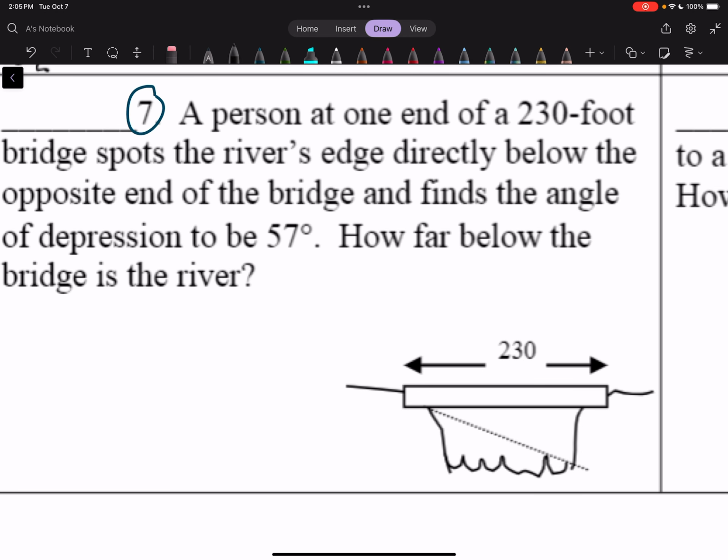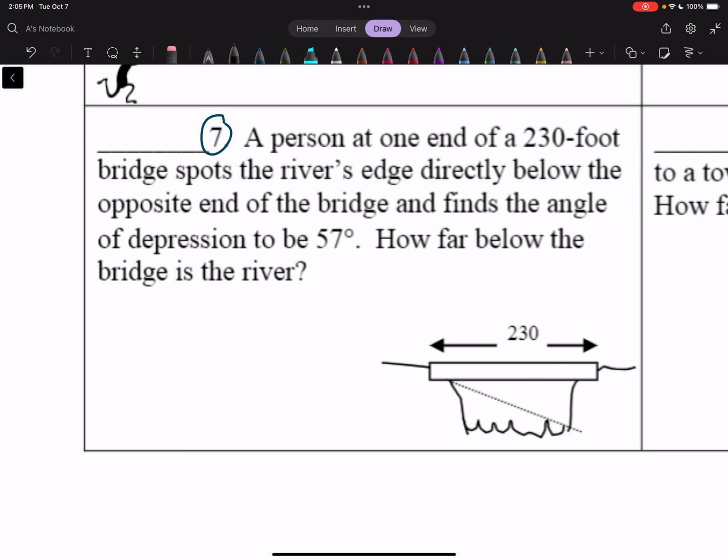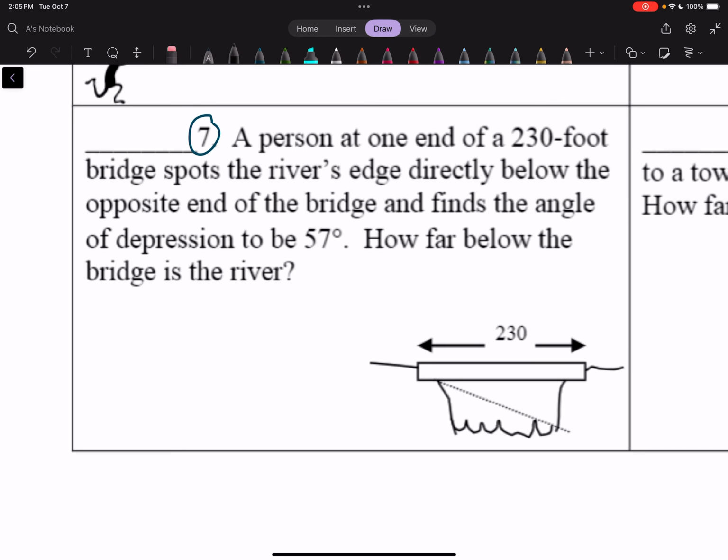A person at one end of a 230-foot bridge spots the river's edge directly below the opposite end of the bridge and finds the angle of depression to be 57 degrees. How far below the bridge is the river? I'm looking for that altitude. So I'm going to be using opposite over adjacent again.